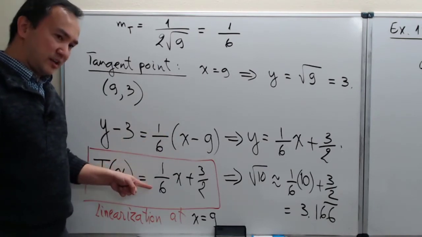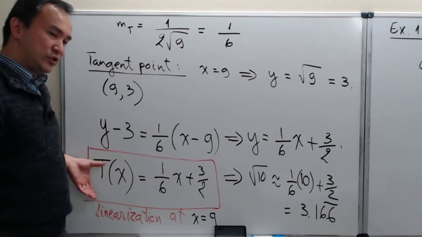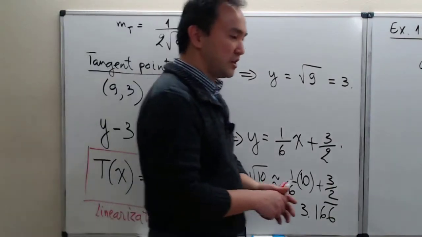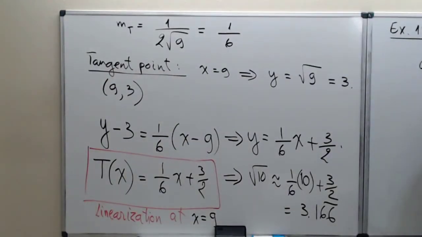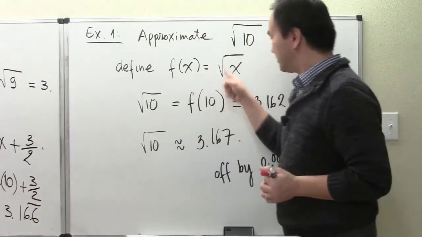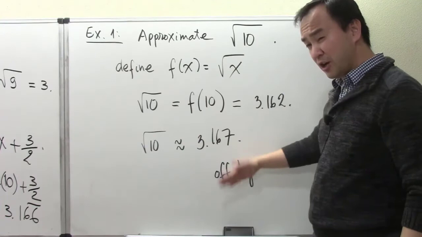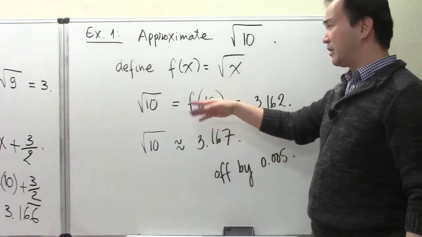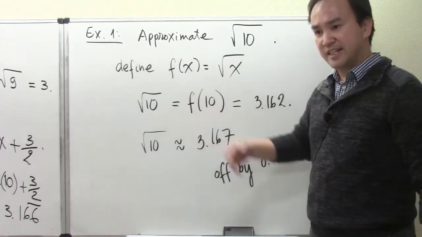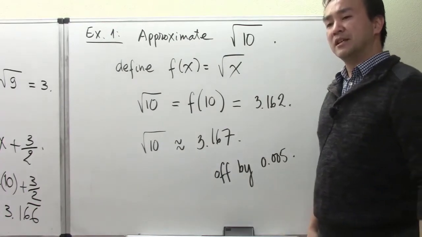So we use a linear function to approximate a supposedly complicated value on some complicated function, and we get a pretty close answer. That's why I'm calling it a linear approximation technique, a linear approximation method.